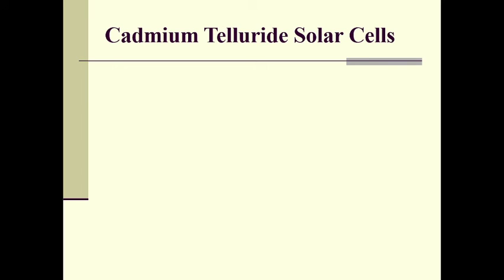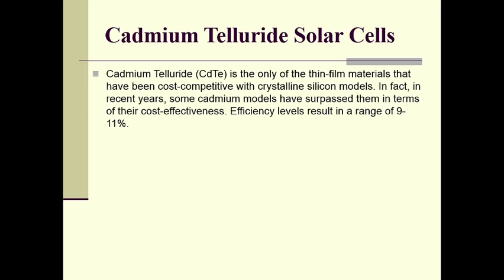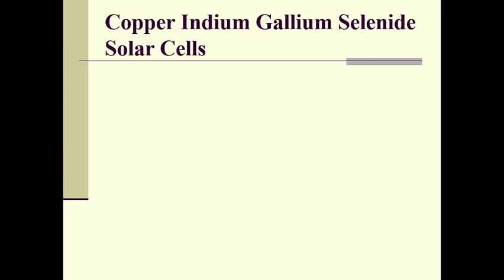Then we have another solar cell, that is cadmium telluride or CdTe solar cell. It is the only one of the thin film materials that has been cost competitive with crystalline silicon modules. In fact, in recent years, some cadmium telluride modules have surpassed them in terms of cost effectiveness. Efficiency levels are in a range of 9 to 11%.